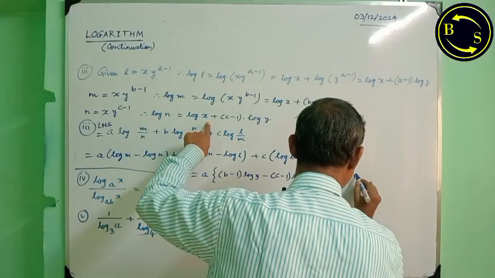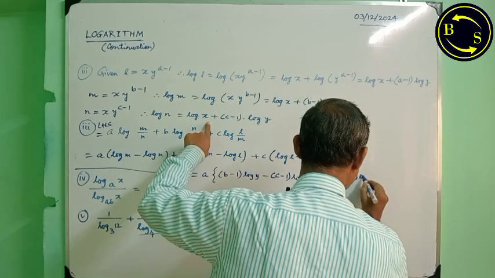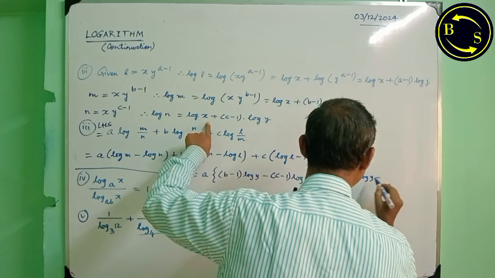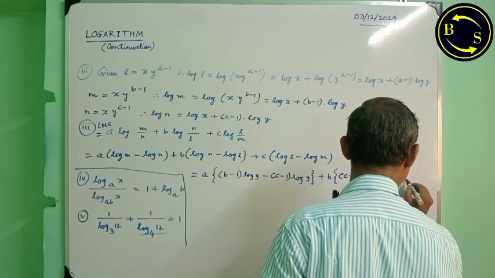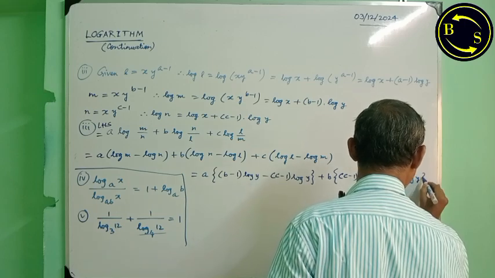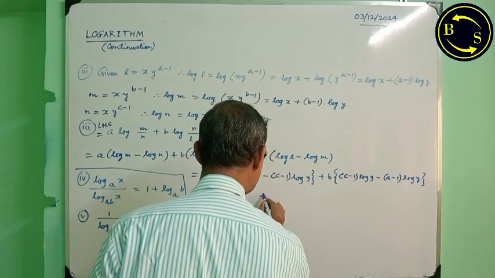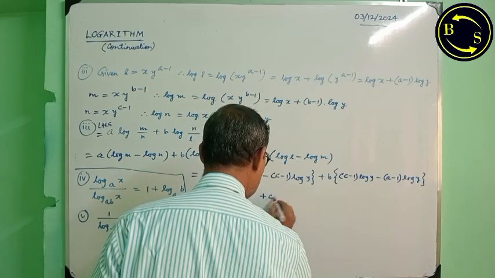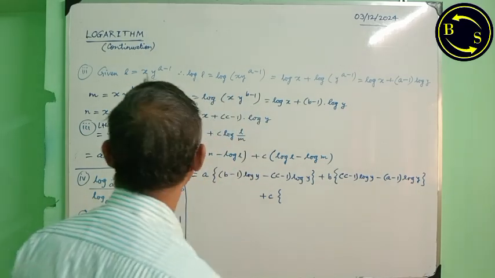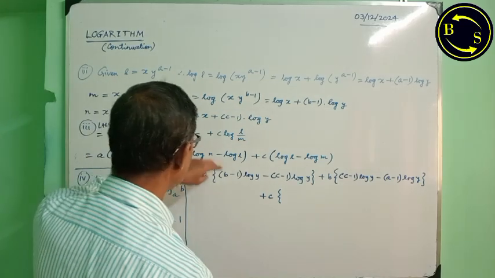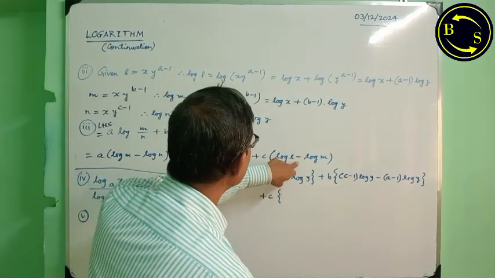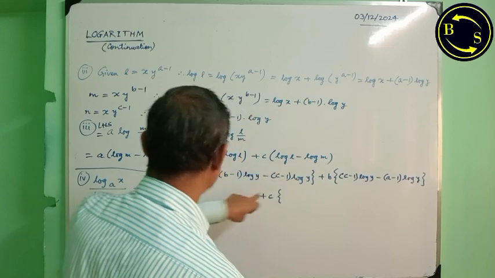c minus 1 into log y minus a minus 1 into log y plus c into log n minus log l.